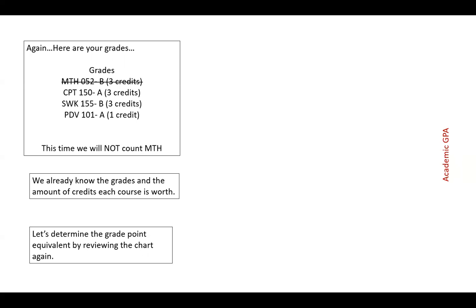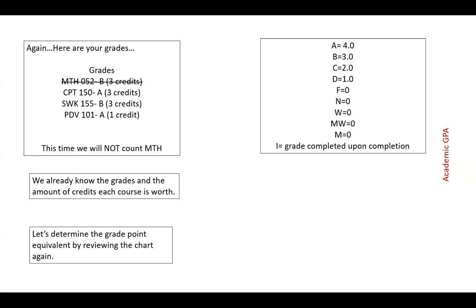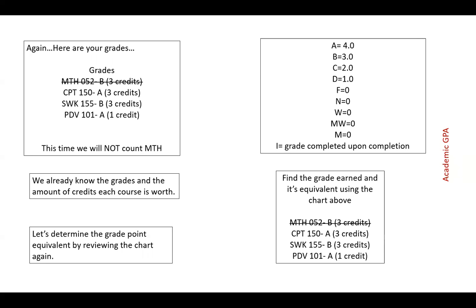We're going to again look at the grade point equivalents to determine how many points you get for each of the classes. So you can see we are not counting math, and that is scratched out. So we're only counting computer, social work, and PDV.